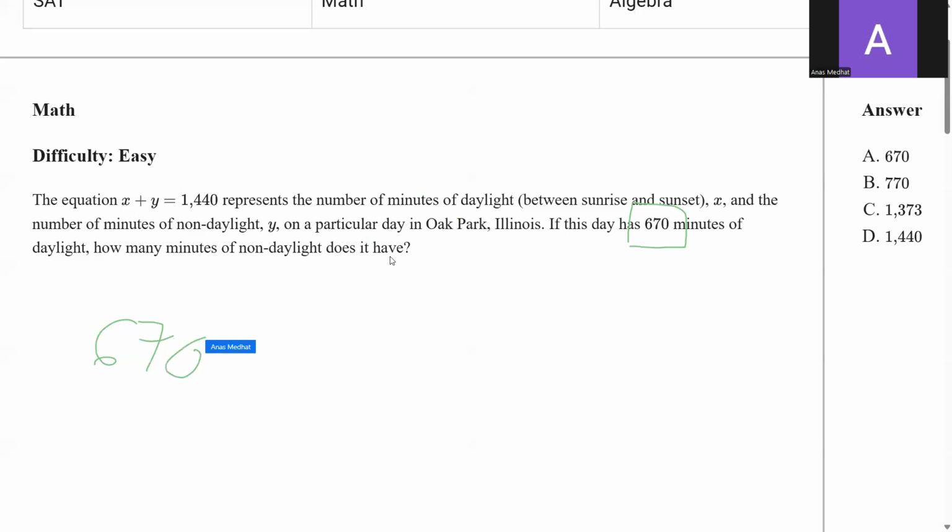670 plus y, the number of non-daylight minutes, equals 1440.